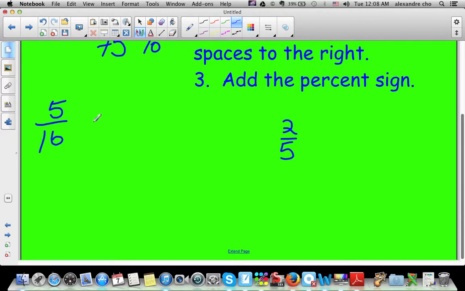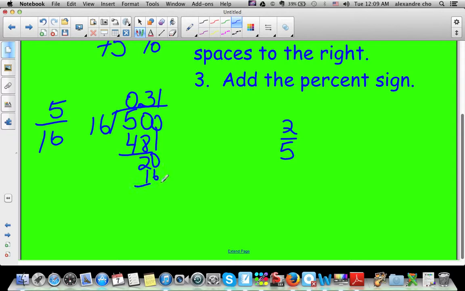Try it, press pause. So if you did this, 16 does not go into 5, put a 0 over here, put a decimal. 16 goes into 53 times, which is 48. 2 left over, bring a 0 down. 16 goes into 20 one time. 4 left over, add another 0, bring it down. 16 goes into 42 times, which is 32.